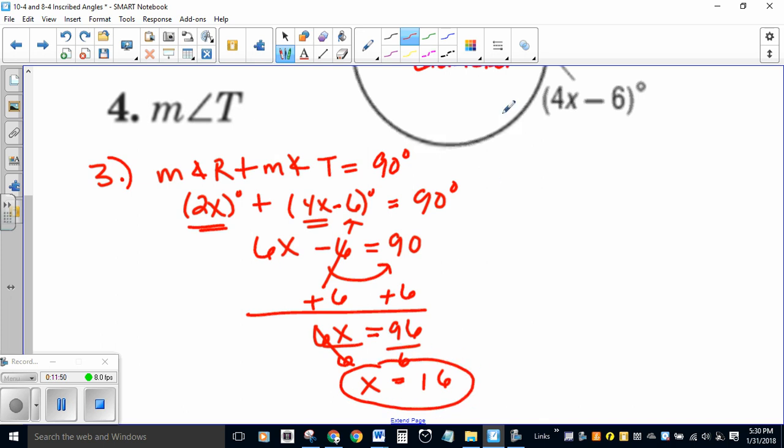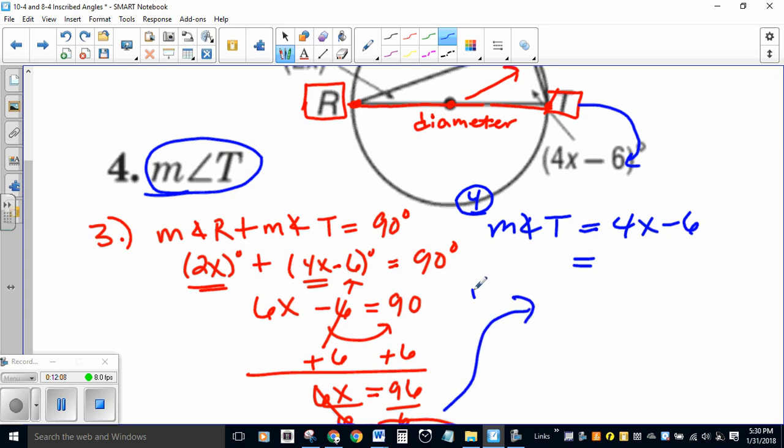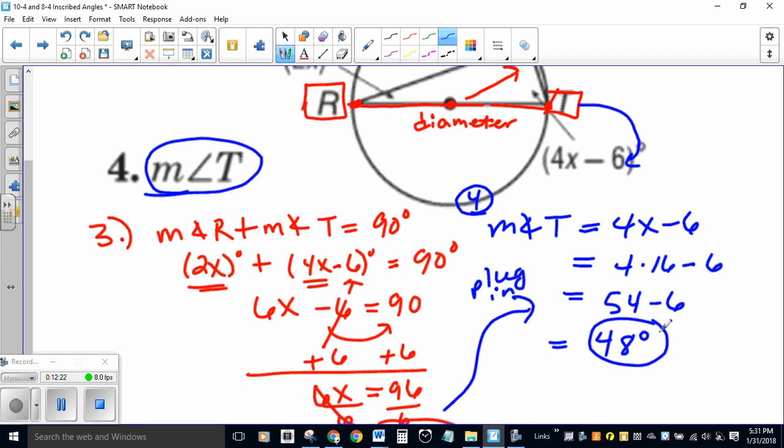All right, now for question number 4, it says find the measure of angle T. Well, T is this right here. So the measure of angle T is equal to 4x minus 6. So I substitute in, I bring up my 16 and plug it in. So I have 4 times 16 minus 6. So I get 54 minus 6, which is 48 degrees.